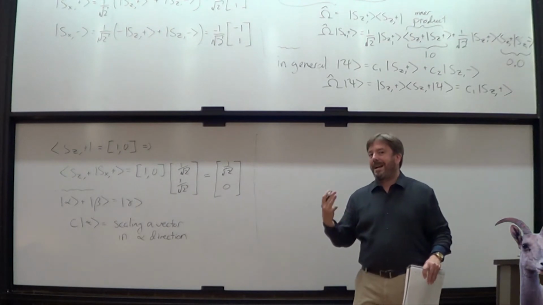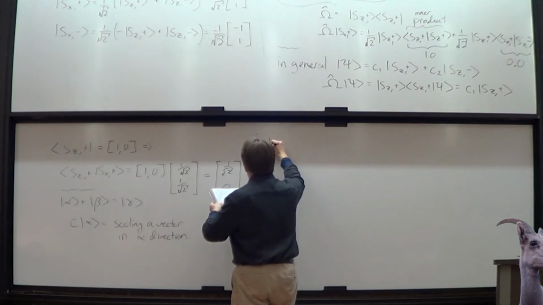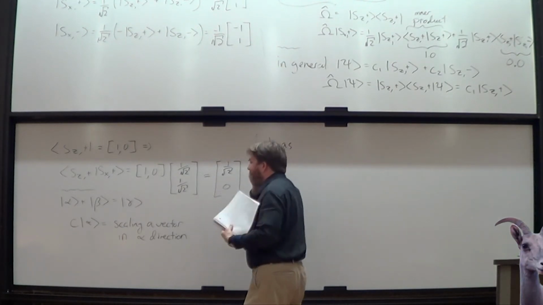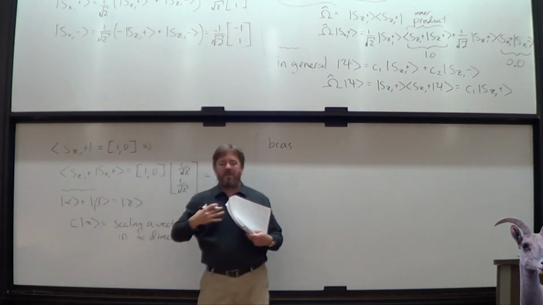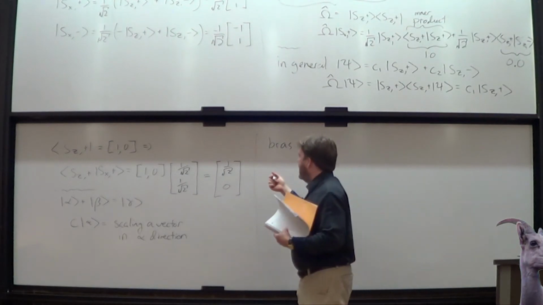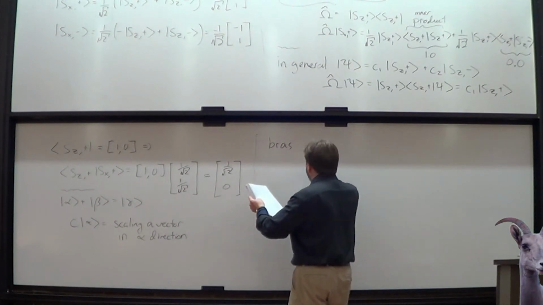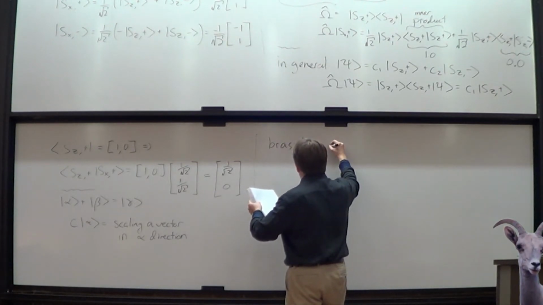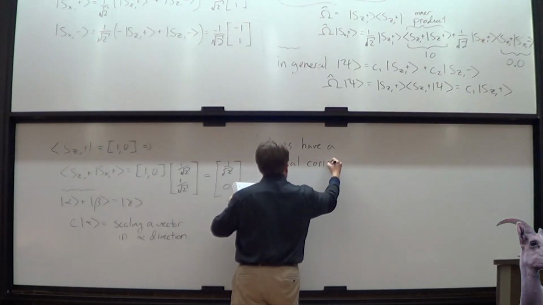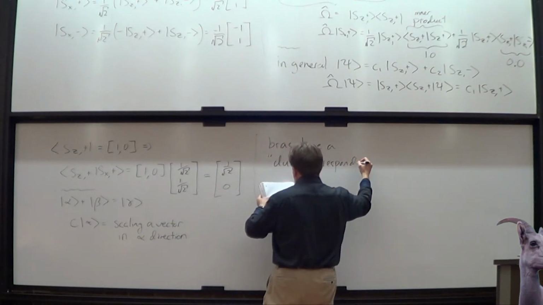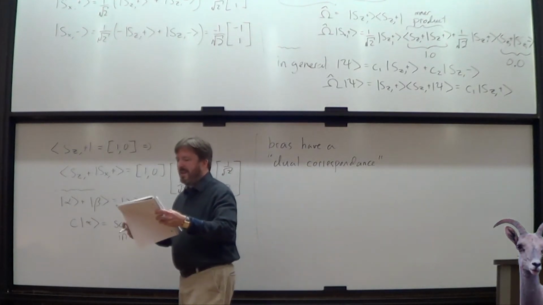They're easy to work with, but now you've got the bra. Bras are largely, the book doesn't really provide an explanation for what a bra is, other than to say, and I'll write down what the book says, because I kind of have to: bras have a dual correspondence with a ket.